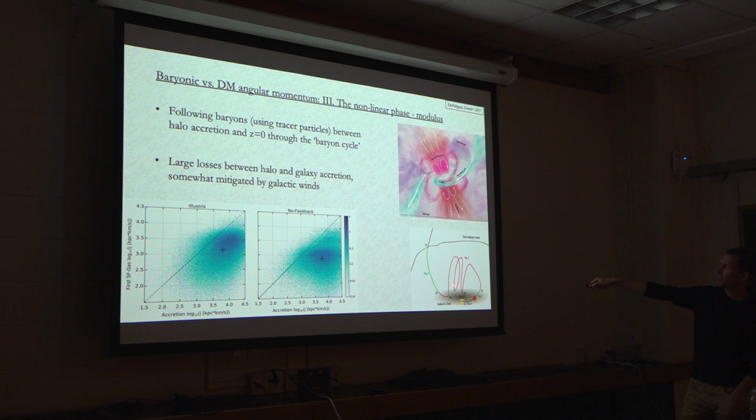They can be kicked out and fall back several times in what we call the baryon cycle. In the end, they arrive at the galaxy one last time, going around the galaxy as gas, forming stars, and then getting in the end to redshift 0. So what we're doing in the next few slides is just comparing the angular momentum of these different events in the history of, if you want, a proton as it's being accreted.